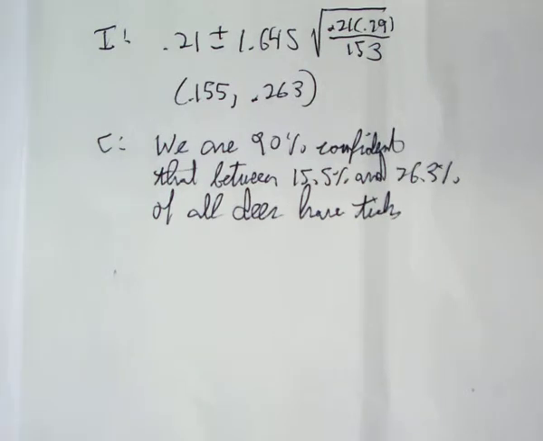If we did 1.645 times the square root of 0.21 times 0.79 divided by 153, we get 0.054, right?